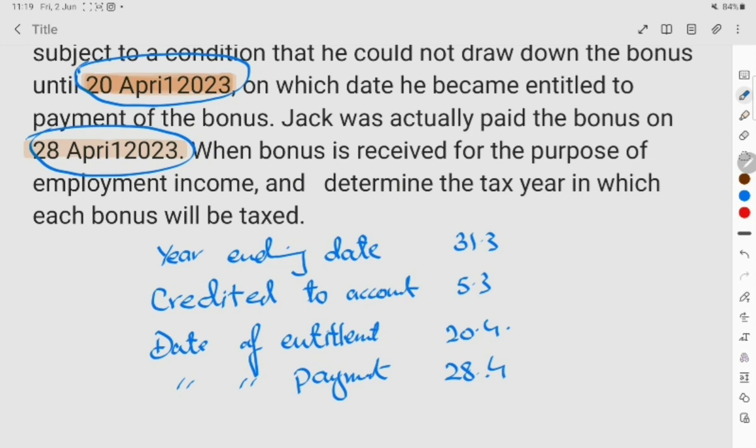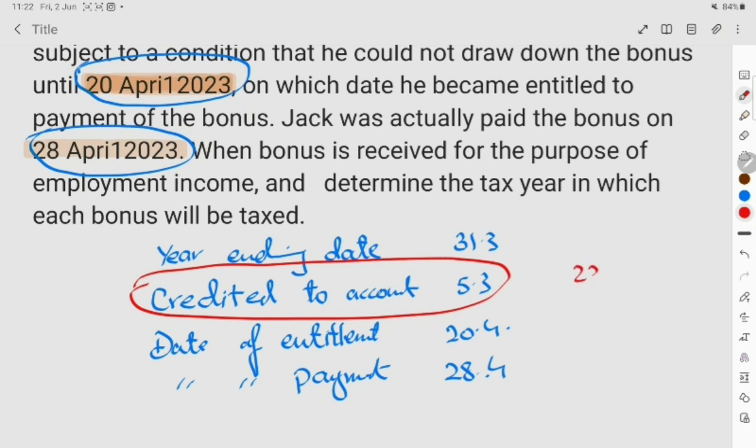So, we have to consider whichever is earlier. Whichever is earlier is the date that is mentioned as credited to account, and that is 5th March 2023. So, it is the tax year 22-23 in which this income of bonus is recorded as taxable income.